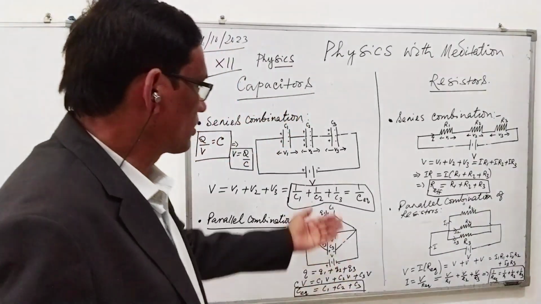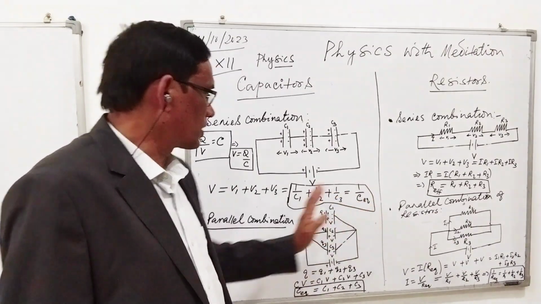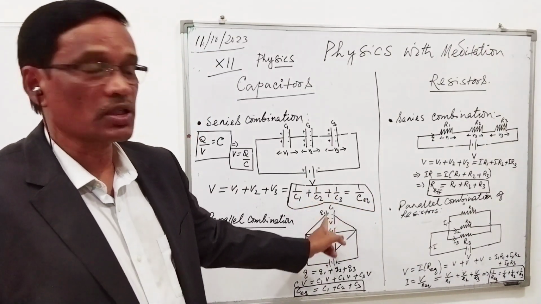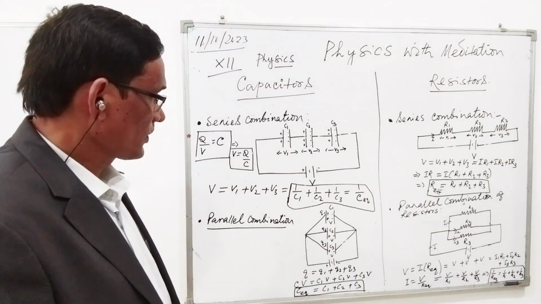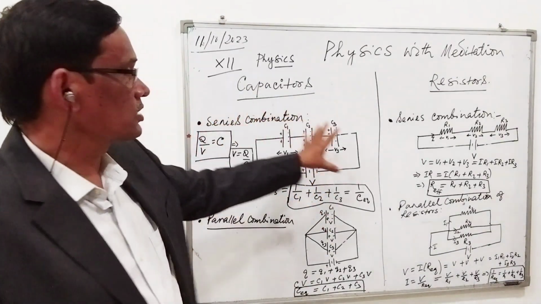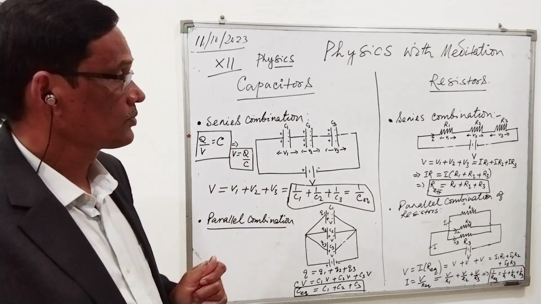That is why you say 1 upon C equivalent should be 1 upon C1 plus 1 upon C2 plus 1 upon C3. Right? This is how you get it for the series combination of capacitors.